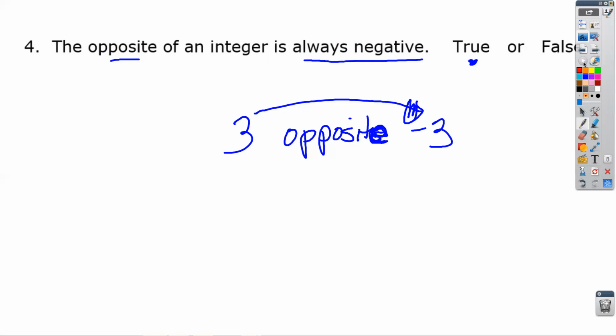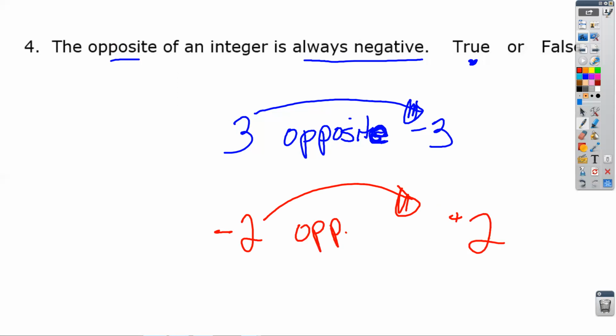Good, so the opposite of a negative is always going to be a positive. So if I said, say, +2 or -2, well, its opposite is going to be a +2. So is an opposite always negative? Nope, it is not. It's sometimes, but it is not always.